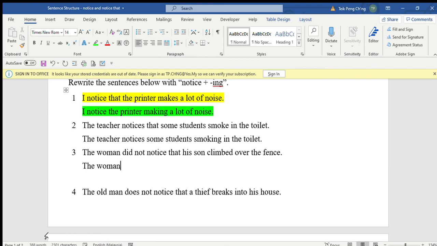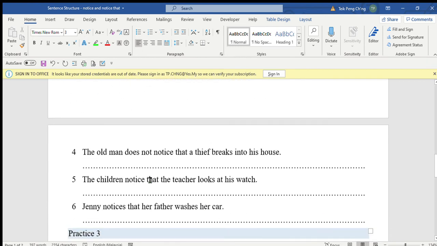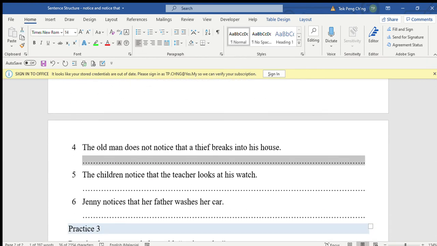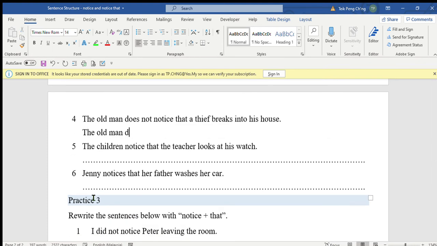The woman did not notice his son climbing over the fence. Number 4. The man does not notice that a thief breaks into his house. The old man does not notice a thief breaking into his house.